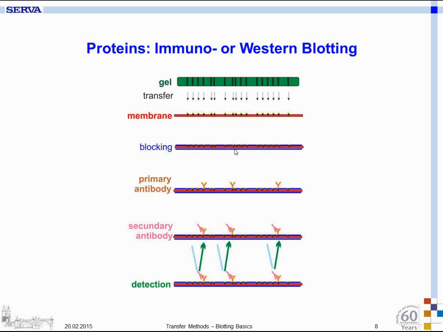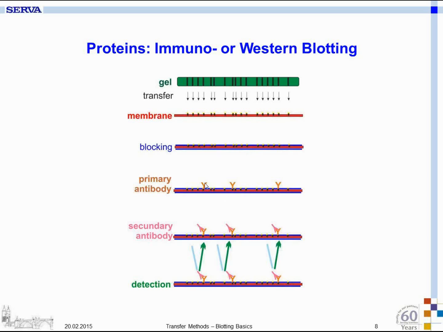And the blocking reagent you use is some other macromolecules which do not interfere with the detection procedure that you intend. So, for instance, bovine serum albumin, or I will show you a list of often used blocking reagents later on.